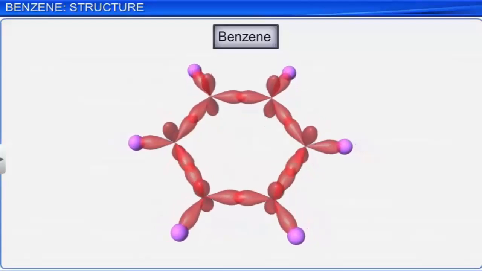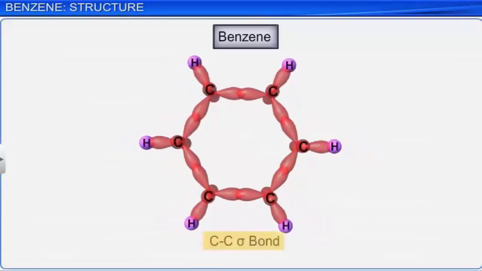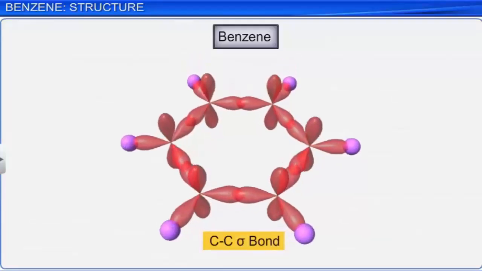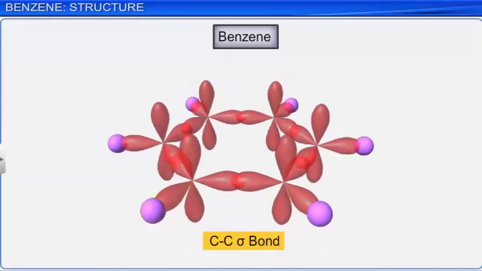The third sp2 hybridized orbital of each carbon atom overlaps with the 1s orbital of a hydrogen atom, resulting in 6 C-H sigma bonds. Thus, all the carbon and hydrogen atoms in benzene lie in the same plane with the bond angle of 120 degrees.